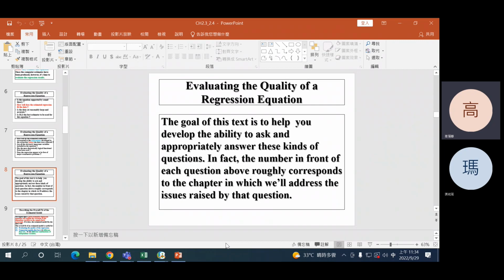In fact, the number in front of each question above roughly corresponds to the chapter in which we are going to address the issue raised by that question. So we will answer all the questions one by one.